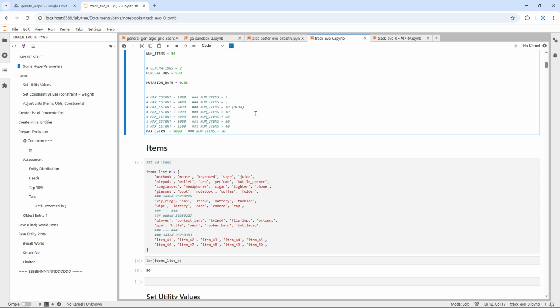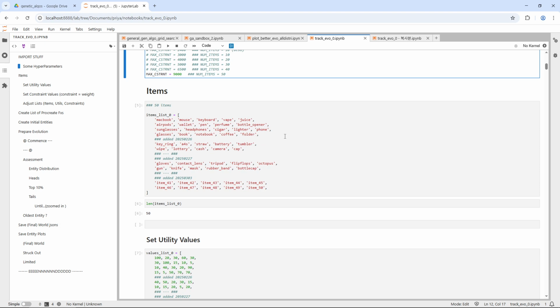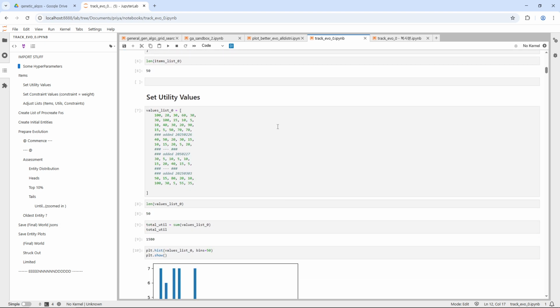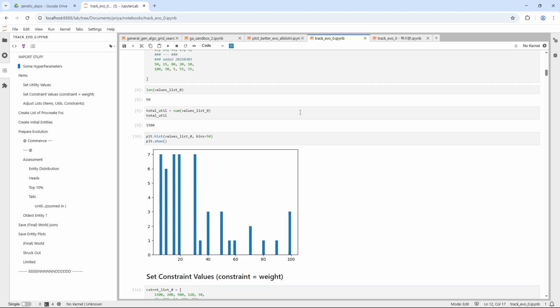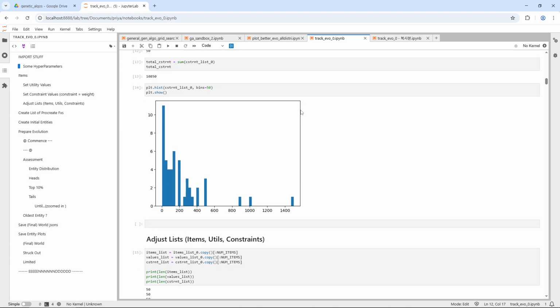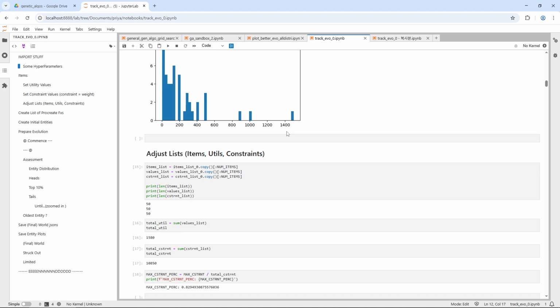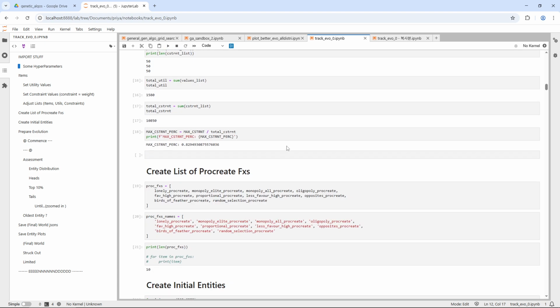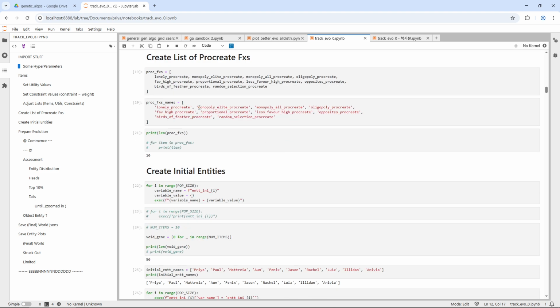This is because I'm using the preset items and the preset values for the utility values and the constraint values. All these settings are the same as in previous videos, and I'm using the same procreate functions.